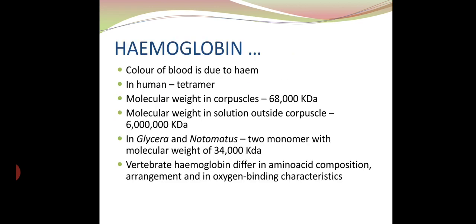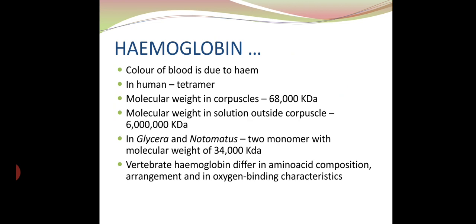The specialities of hemoglobin: the color of blood is due to heme. Heme is a combination of acetic acid plus glycine, which gives porphyrin. Porphyrin plus iron gives heme, and four heme plus one globin is hemoglobin.